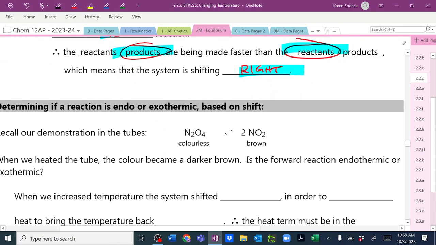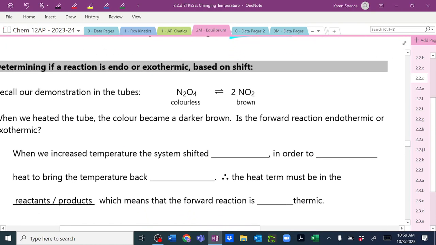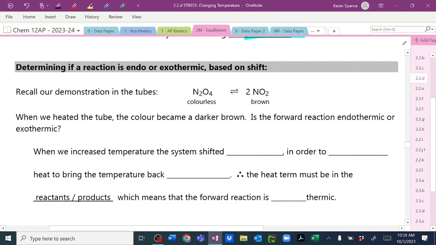Now, let's determine if a reaction is endo or exothermic based on what we see. So these are two gases. One of the gases is brown. One of the gases is colorless.